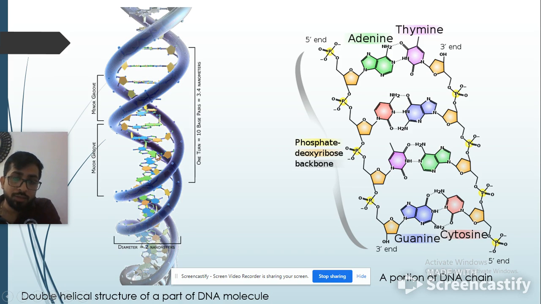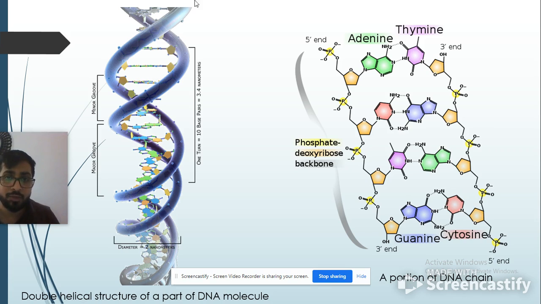So this is the helical structure. If one strand is coming from the 5' end at the top, the bottom end will be 3', and for the other strand, if 5' is above, the 5' end of the other will be at the bottom, because they have to be in anti-parallel manner. I hope you are able to understand.